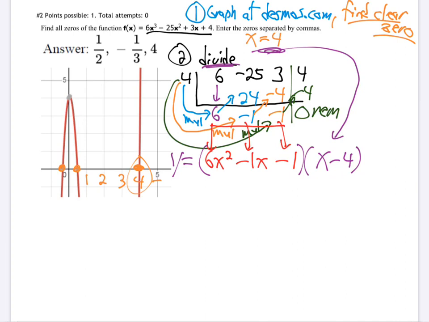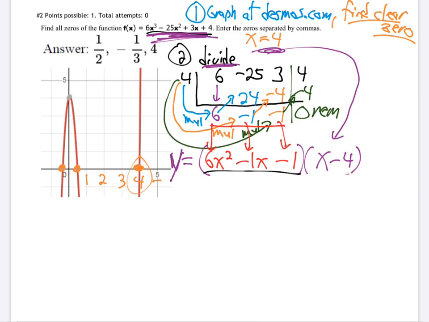So now we're breaking down this original 6x cubed minus 25x squared plus 3x plus 4, which we're calling y, or f of x, equals 6x squared minus x minus 1 times x minus 4. We know it does because we know those multiply to go back to this, because we just divided and got that quotient.